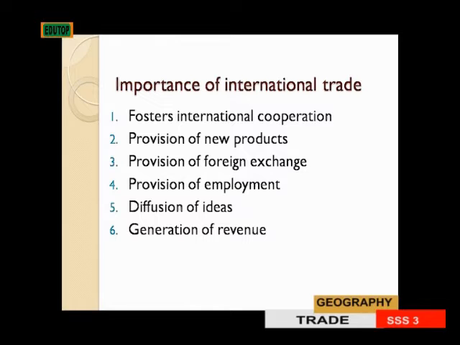There is provision of employment. So many people have gained employment as a result of international trade, maybe through transportation and other avenues which people take advantage of as a result of trading activities or economic activities in these areas.